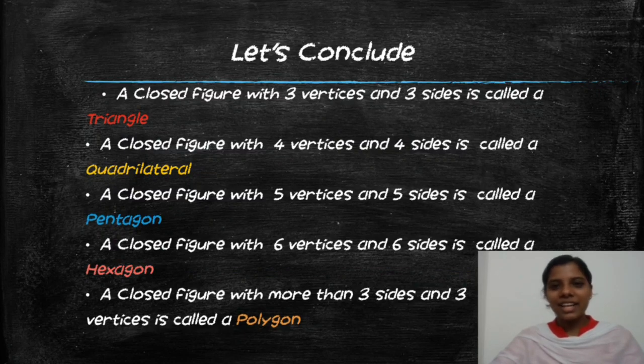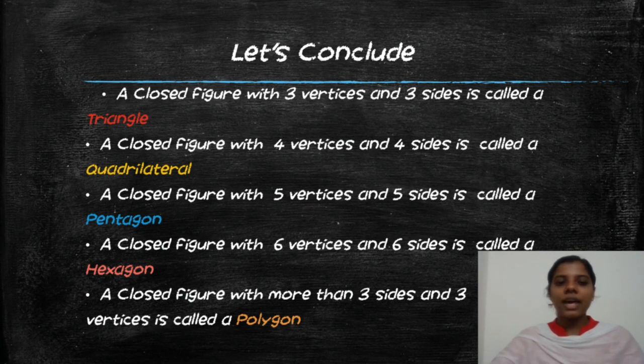Now, let's conclude what we learned today. First of all, a closed figure with 3 vertices and 3 sides is called a triangle. Second, a closed figure with 4 vertices and 4 sides is called a quadrilateral.